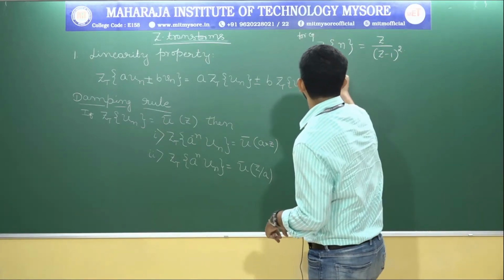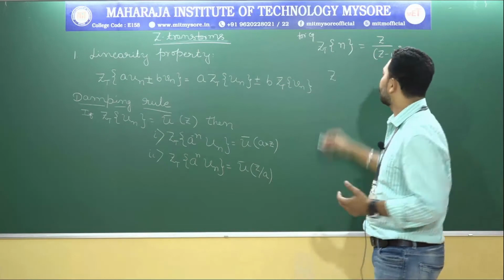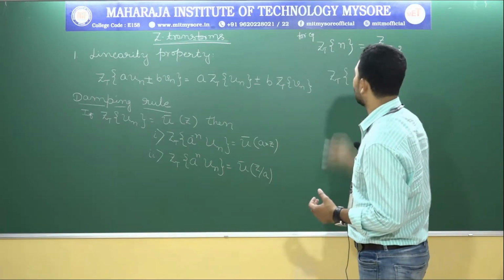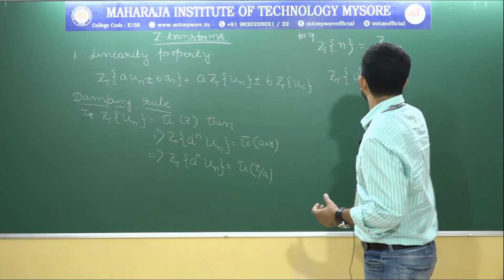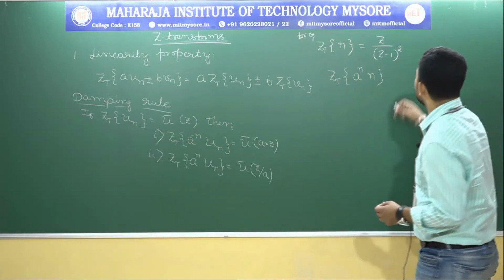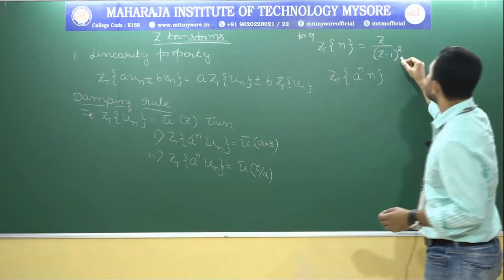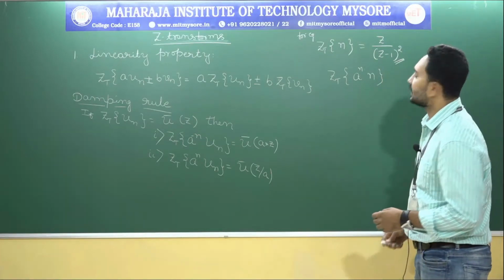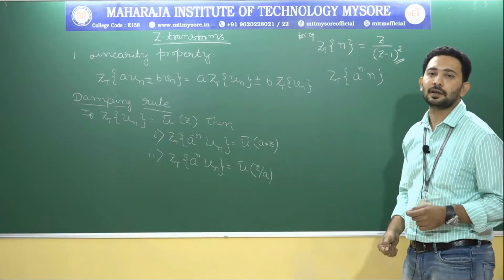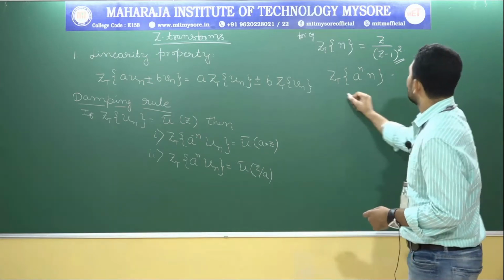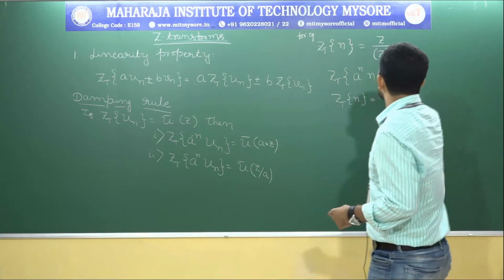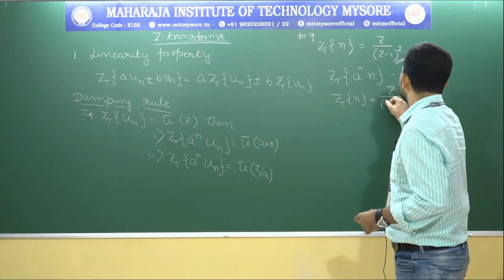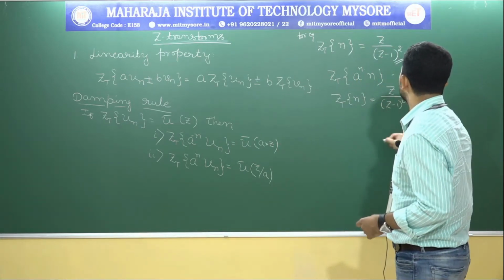For example, if they have to find Z transformation of a power n into n, then we need to replace z by z by a here. Z transformation of n is z divided by z minus 1 whole square.